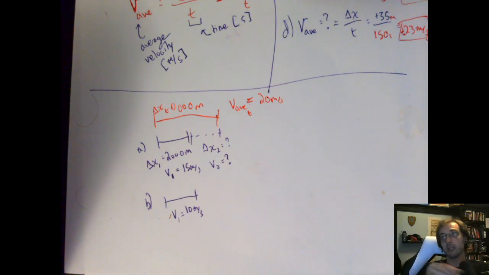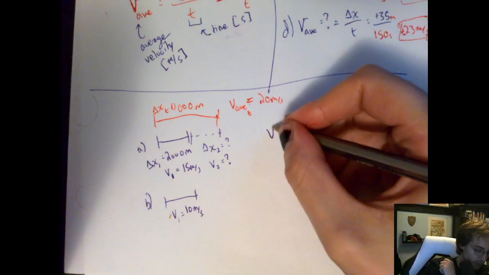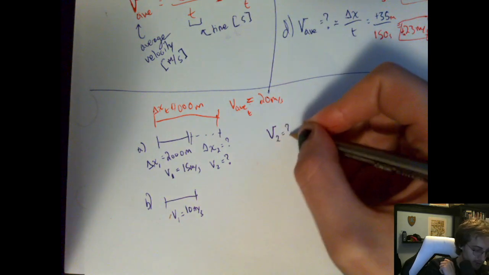This is typically the approach you're going to want to take for these problems: I need to figure out what the question is actually asking me for, which is how fast I will have to drive during the second half to make it there on time. So what I'm being asked for is V2.